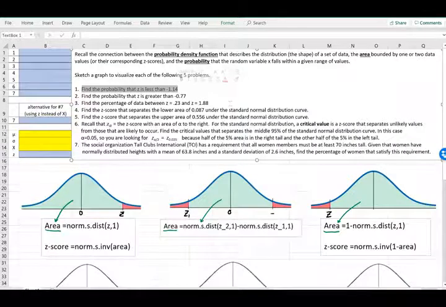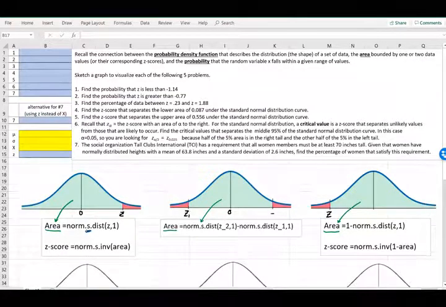I'll deal with the non-standard distribution functions in my next video, but basically in these Excel formulas down here, the dot S in the middle stands for standard. So anytime you're using a standard normal distribution, you need to have that dot S in there.